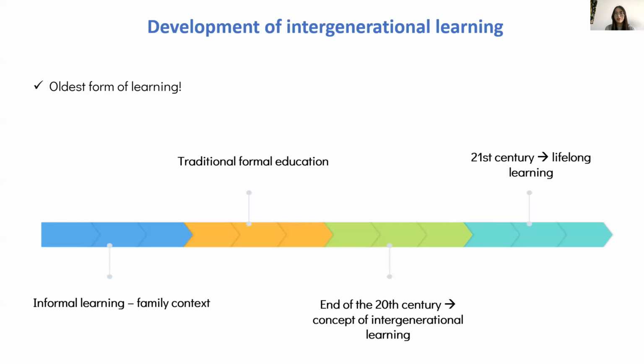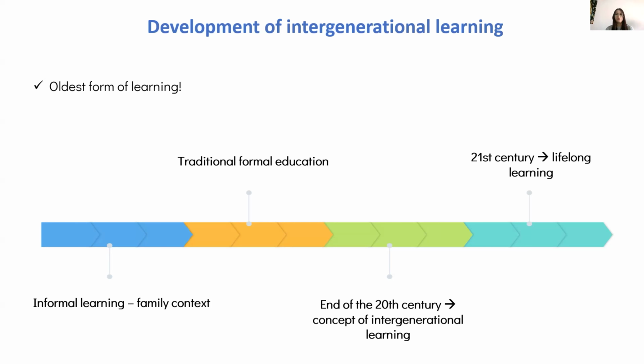Throughout civilization, IGL has been the oldest form of learning. From the earliest cultures, knowledge was acquired, expanded, and enhanced by older generations, by teaching and passing on knowledge, values, attitudes, rules, and skills to younger generations. This was an informal type of learning within family contexts.